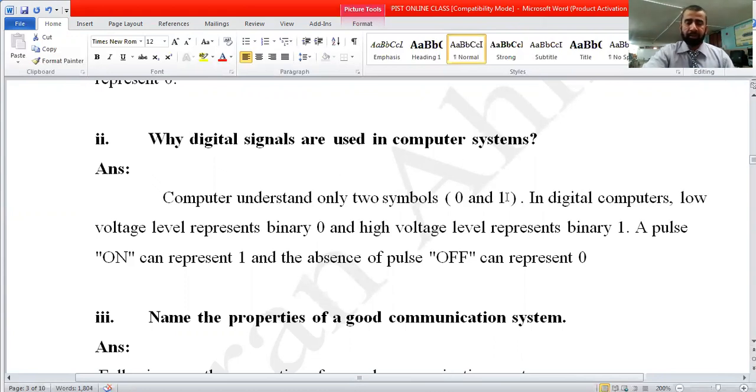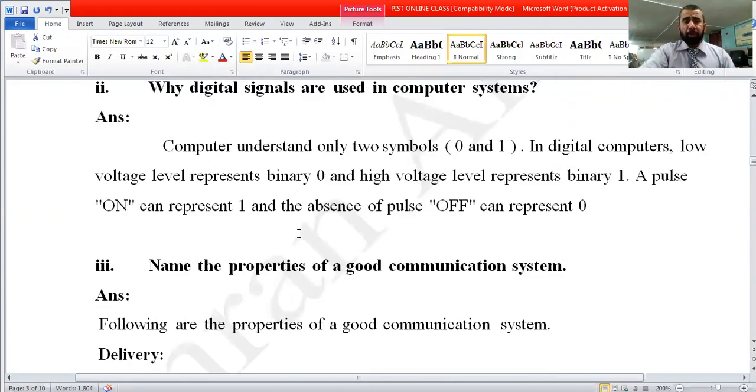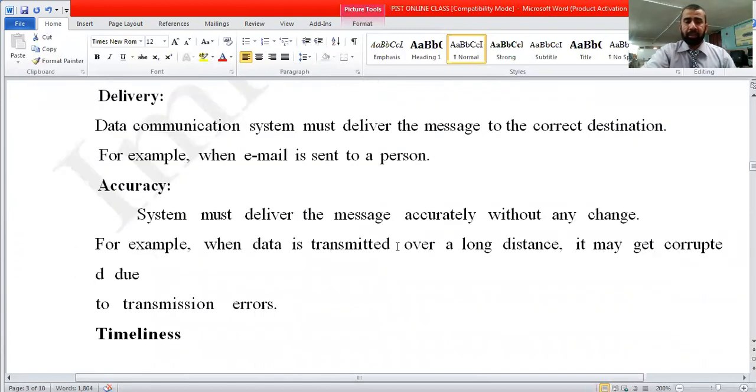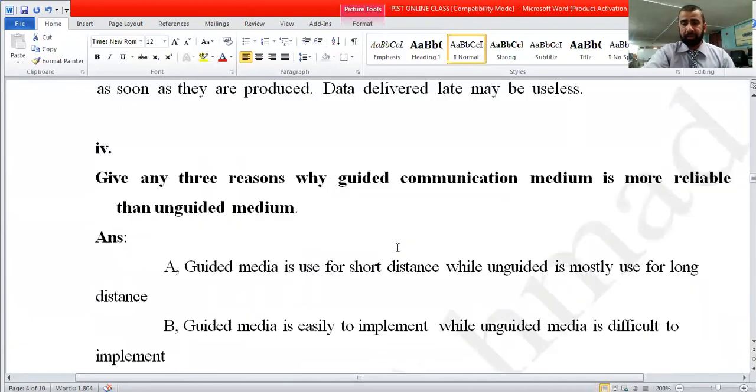The answer was that computers understand only two symbols, so digital systems are used. Next question, name the properties of a good communication system. Yesterday we revised delivery, accuracy and timeliness as the properties of a good communication system.